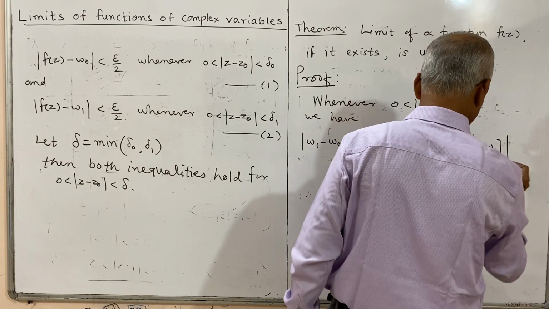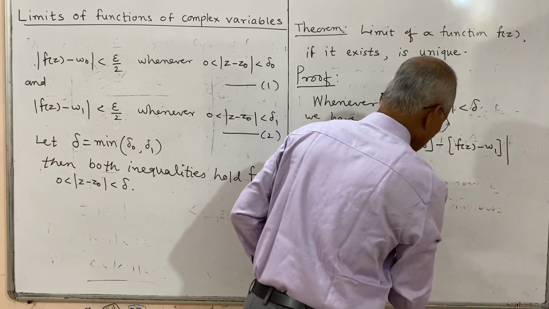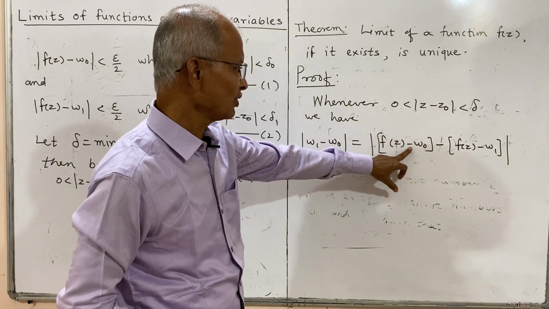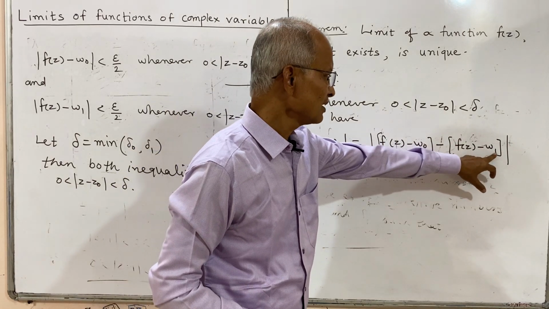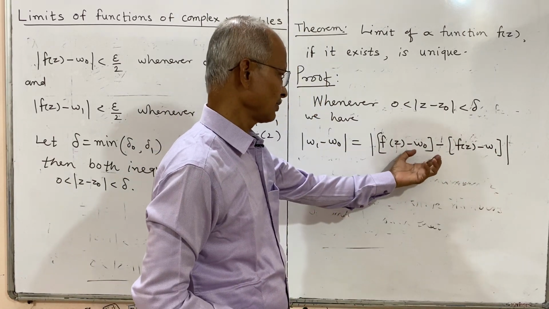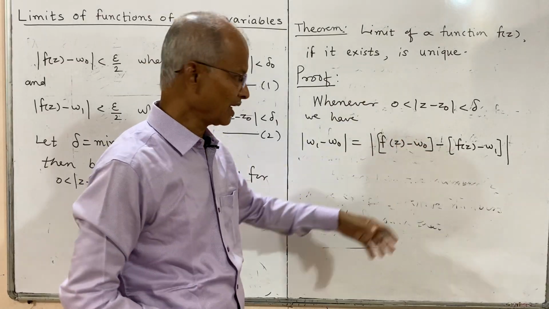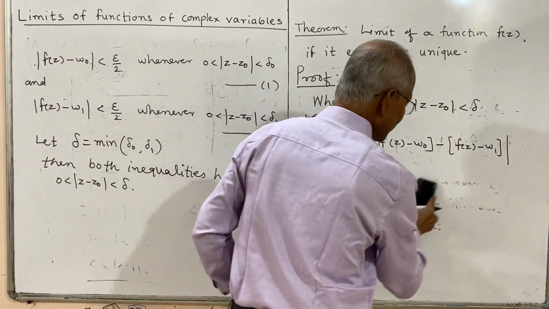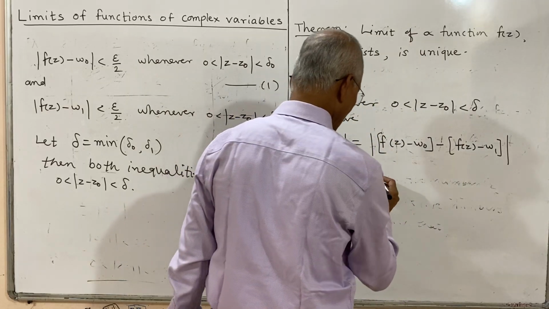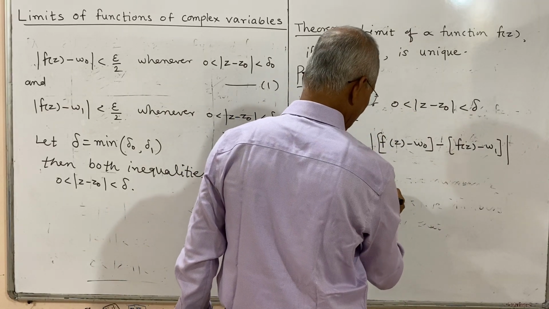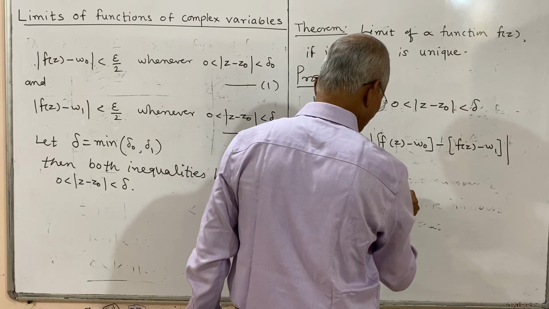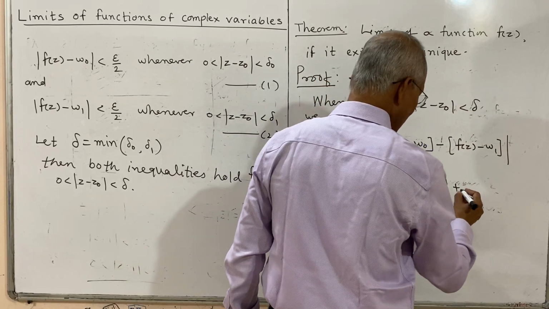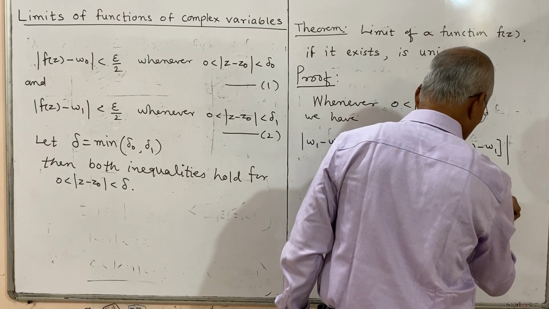You see this. Now f of z cancels, and what we have is minus w naught minus of minus w1, that is plus w1, w1 minus w naught. It can be checked. And now by properties of the absolute value function, this is less than or equal to mod of f of z minus w naught plus mod of f of z minus w1.